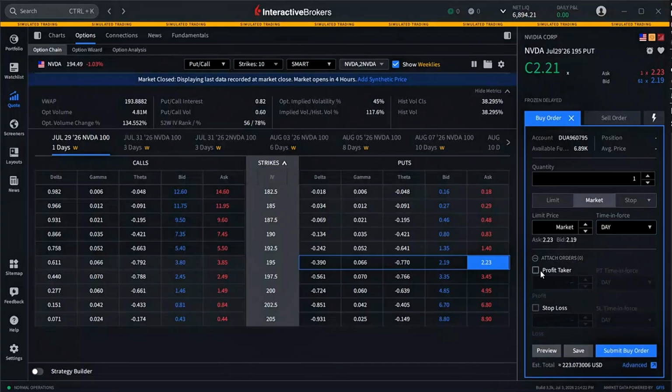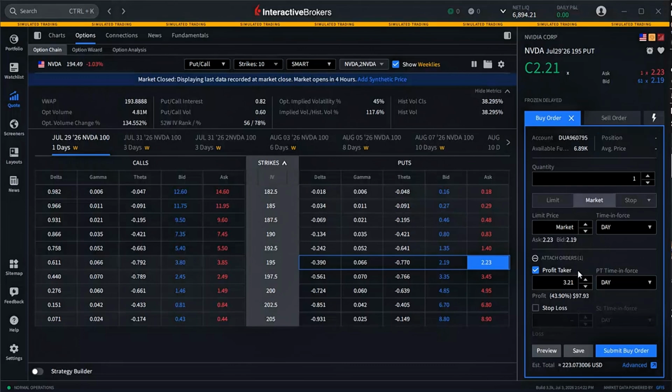So this is going to allow me to take my profit. If I check this, it's going to allow me to take my profit. Now the market is currently at $2.21, but remember, one contract is 100 shares, so we're basically multiplying this by 100. So it's going to be 221.